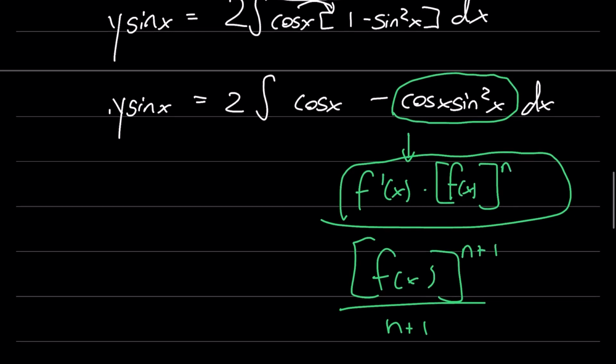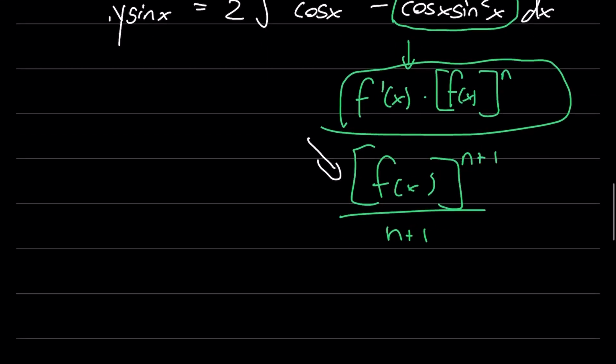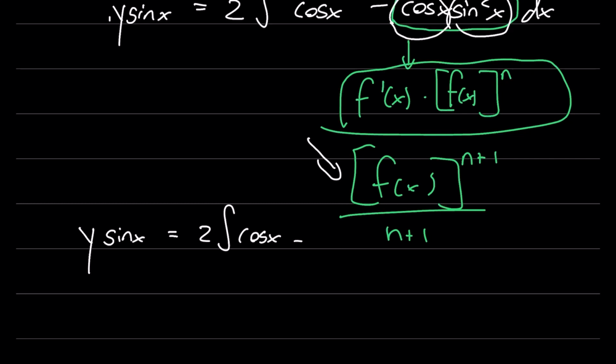So we're going to have y sine x is equal to 2 times the integral of cos x minus, and well, what do we do? Since it's sine squared x and this is cos x, since sine x is the f of x, we'll do minus sine to the power of 3x over 3.